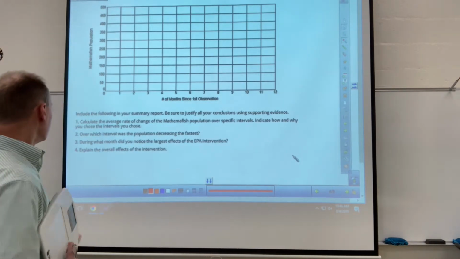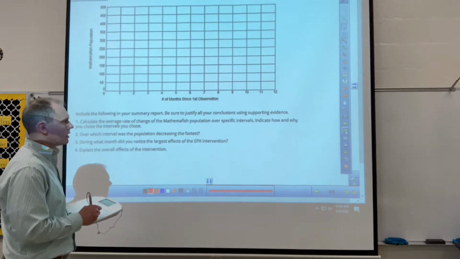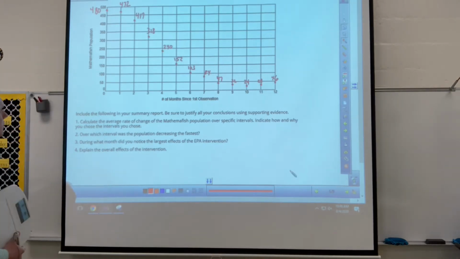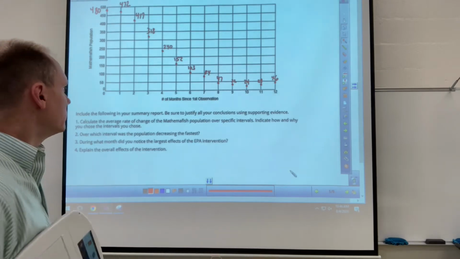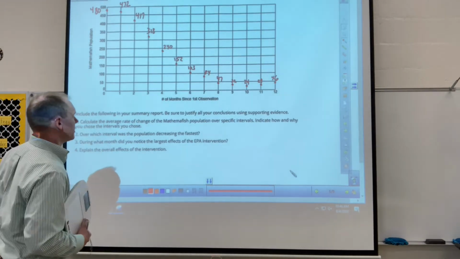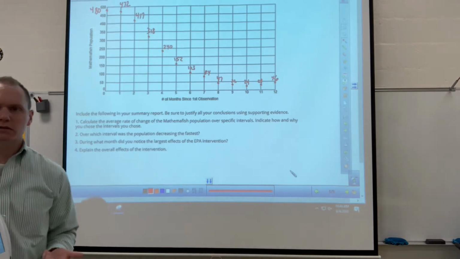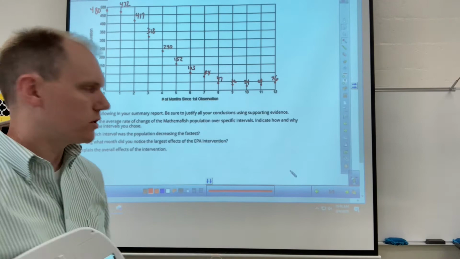All right, so once you've plotted these, it should look something like this. I've actually written the data values there just so I can reference them in the video, but hopefully your graph looks about like that. And so we want to analyze this data and figure out some answers to these questions down here.